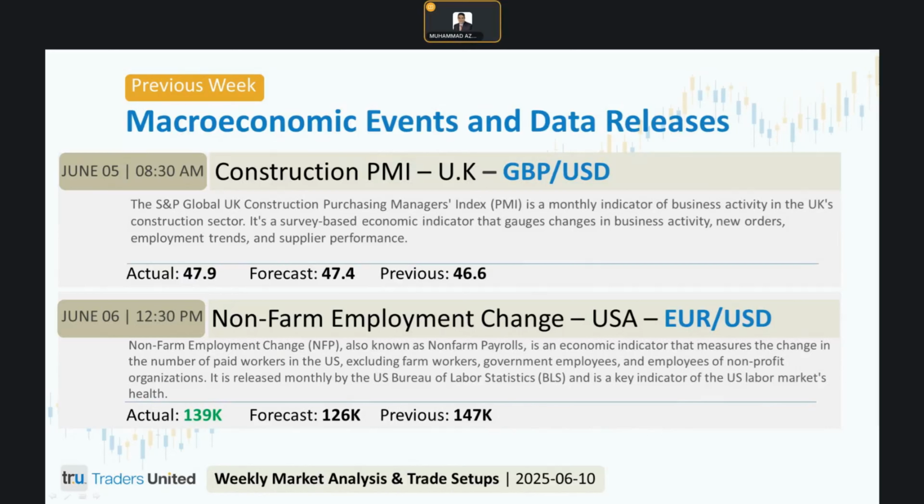It is among the most influential economic indicators, offering timely insights into the financial health, I would say, of the US labor market. Published by the Bureau of Labor Statistics, the NFP is a key driver of USA and dollar volatility as well.